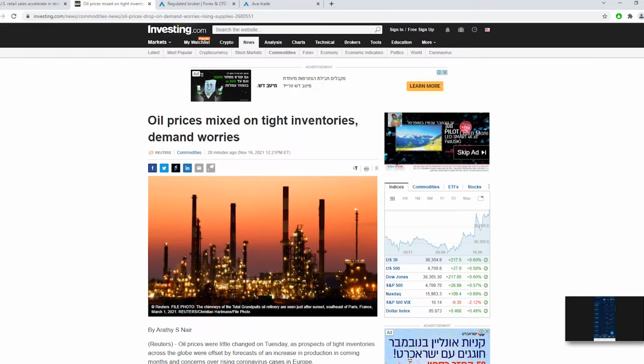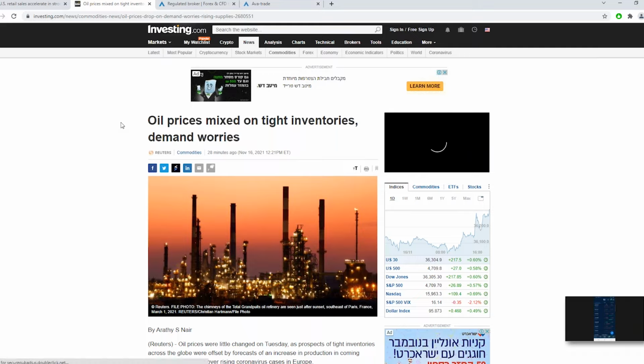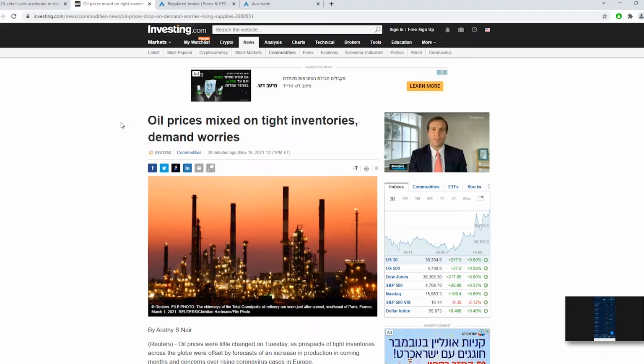But also there's demand worries because of COVID still spreading in some areas around the world. And also OPEC is going to up production eventually here. They've already agreed to some production increases, which could pull crude oil down, right? So there's a mix here, and oil's kind of just been bobbing around.